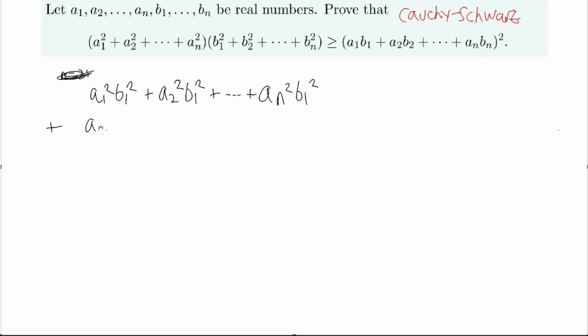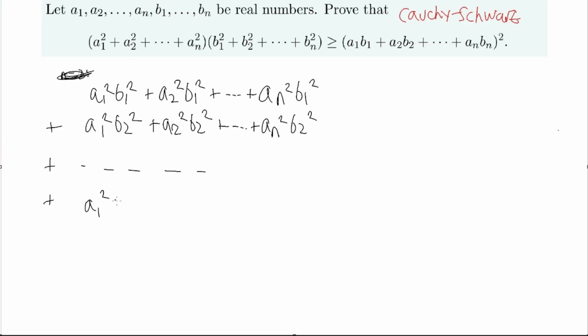Then you have a1 squared b2 squared plus a2 squared b2 squared plus all the way to plus an squared b2 squared plus so on and so forth, and then plus a1 squared bn squared plus a2 squared bn squared plus all the way to plus an squared bn squared.